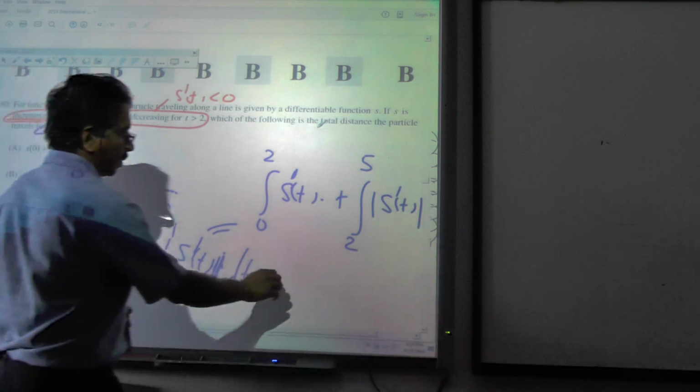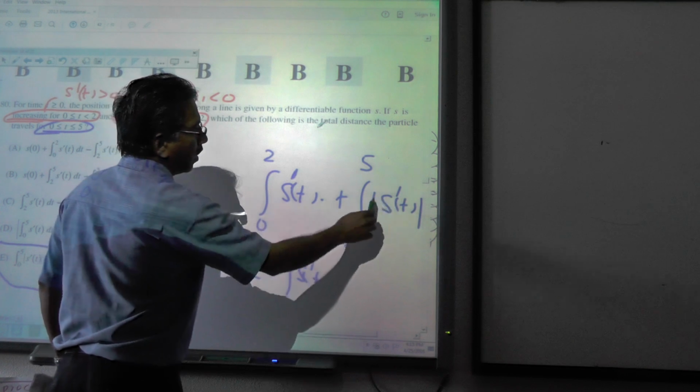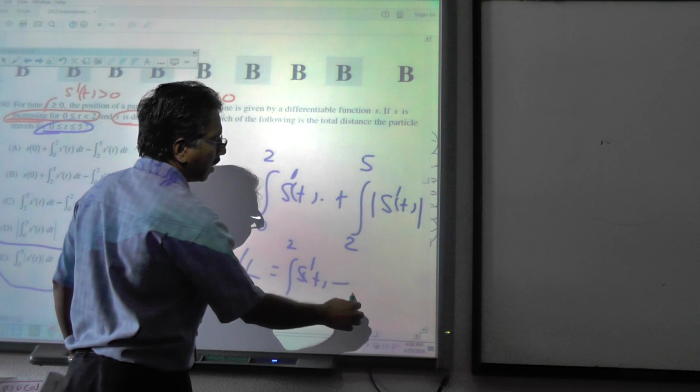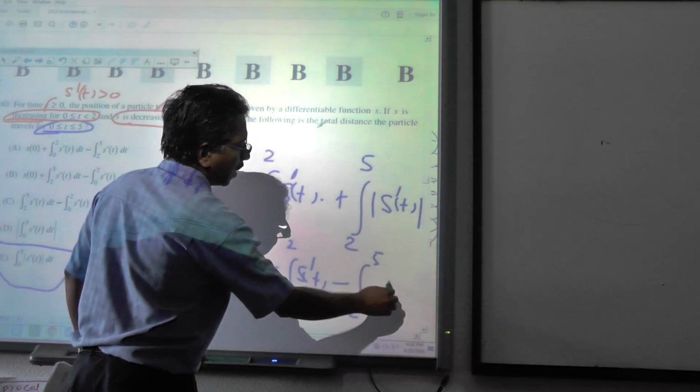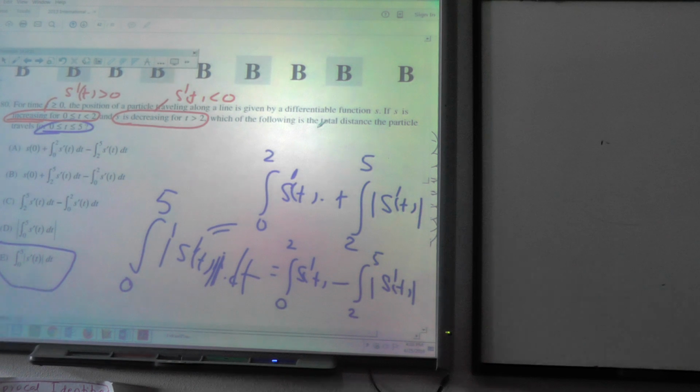Or you could also write this as the integral from 0 to 2 of s dash of t, and take away this absolute value and change it to minus the integral from 2 to 5 of s dash of t. Okay, so this is how you can write down the answer in different ways. Sometimes it looks like one of these is right.